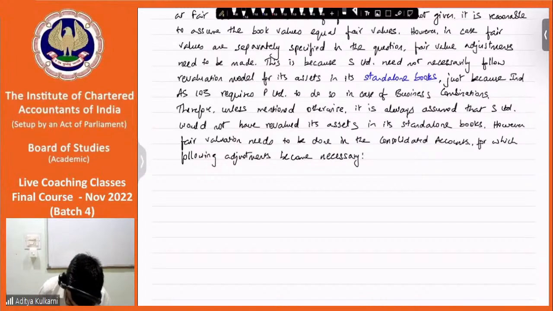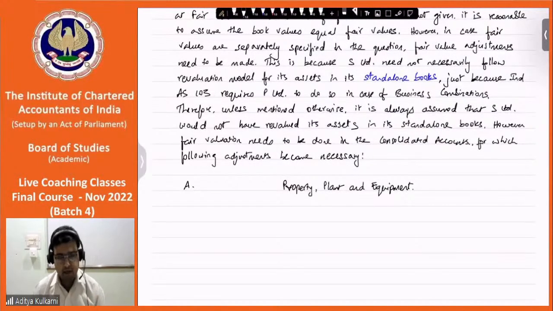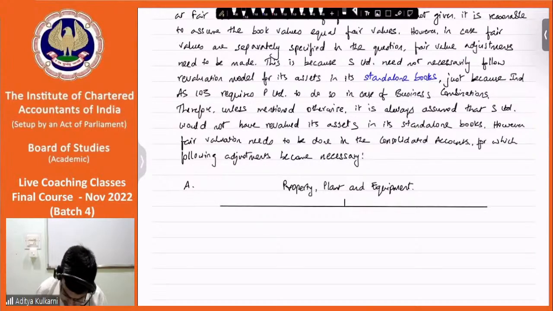A, Property, plant and equipment. Property, plant and equipment. So this will be categorized into two splits. We'll do a bifurcation of this.